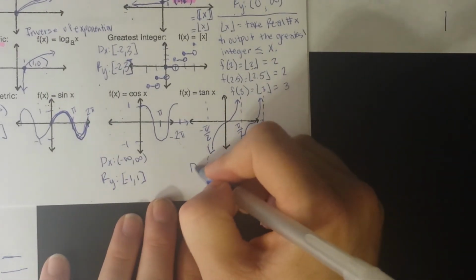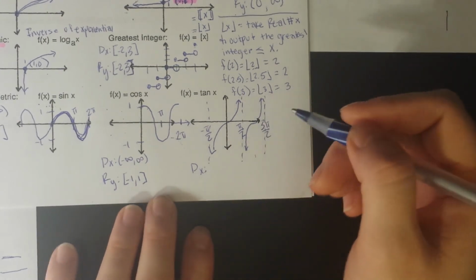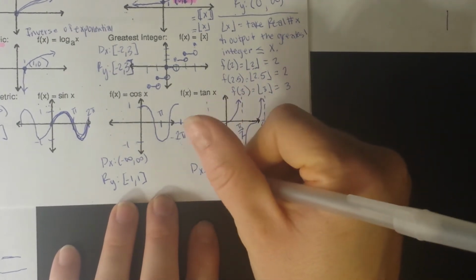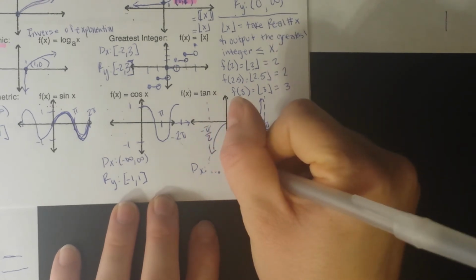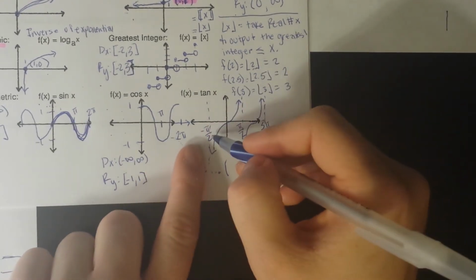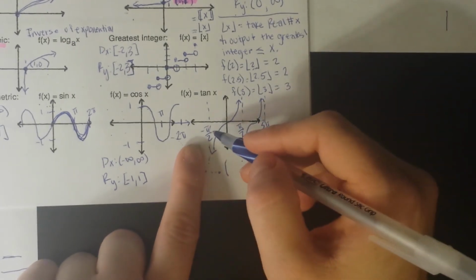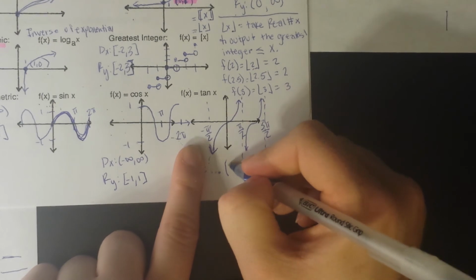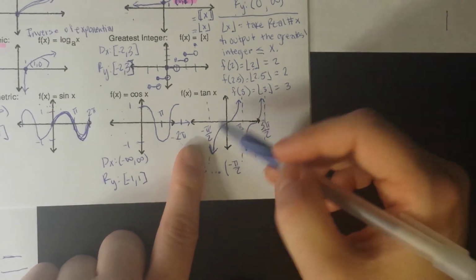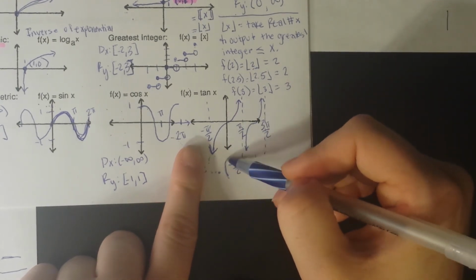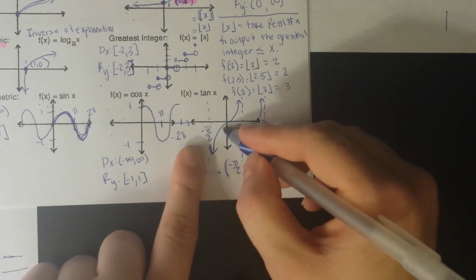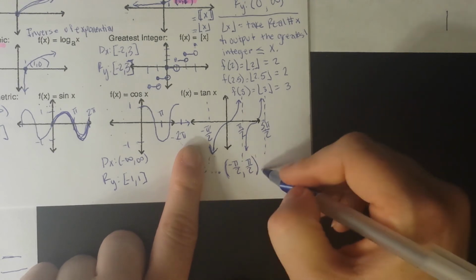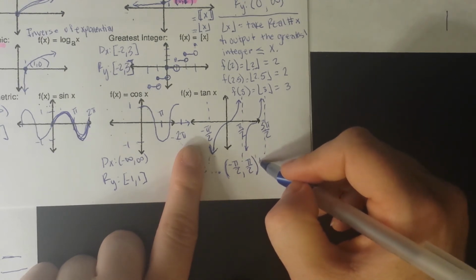Okay, so this one is really interesting. The domain, because of all these vertical asymptotes, and it goes on forever to the left, I'm going to start with where the picture starts. We have points that are approaching, to the left, negative pi halves, but it doesn't actually touch pi halves, so hence the parenthesis, comma, it goes to positive pi halves, but doesn't actually touch pi halves, so we have a parenthesis, but then remember that union symbol?